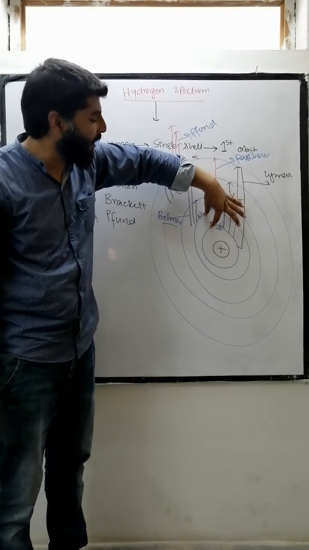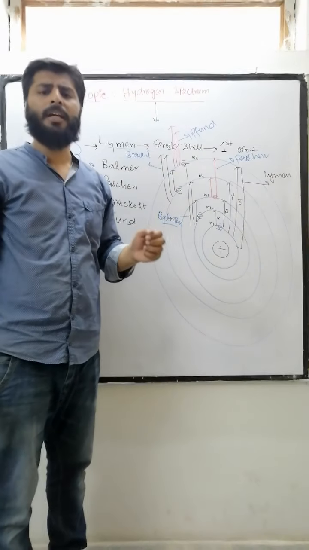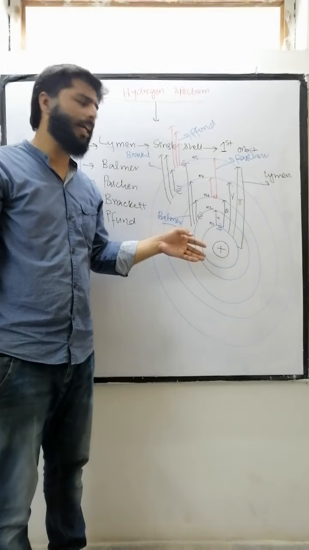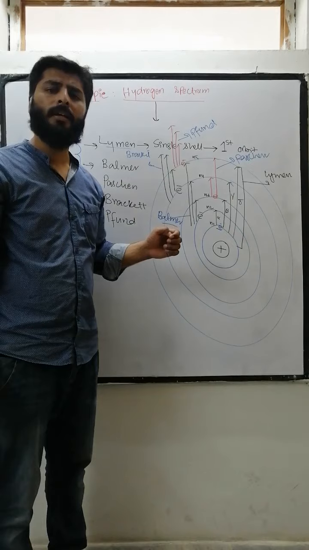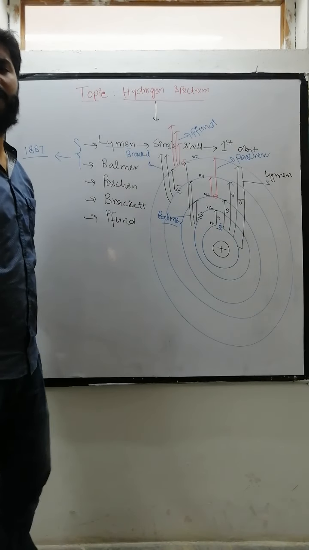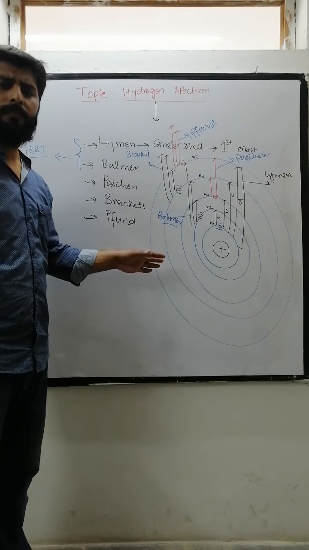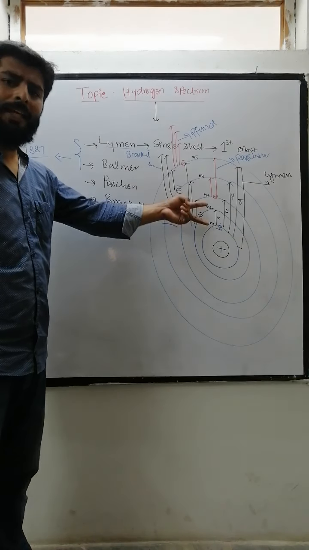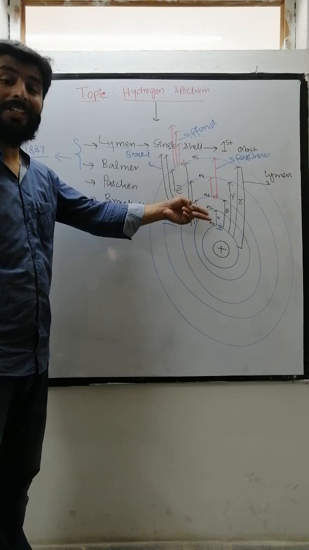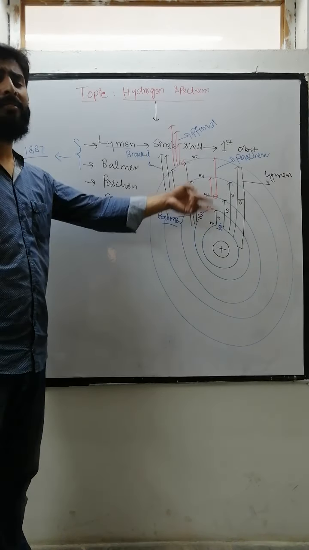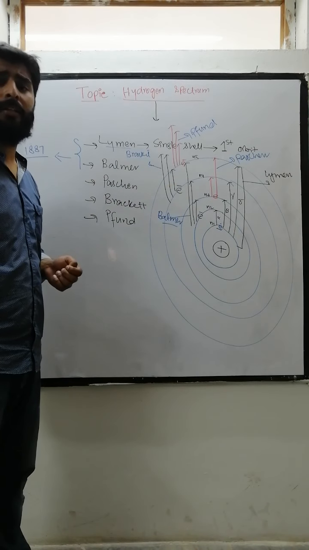So if there is a specific energy change, we can find the associated wavelength, frequency, as well as wave number, as we have calculated earlier in the radius, energy, wavelength, wave number calculations. So we have an energy change associated with each transition, and with this energy we can find the wavelength and frequency as well.